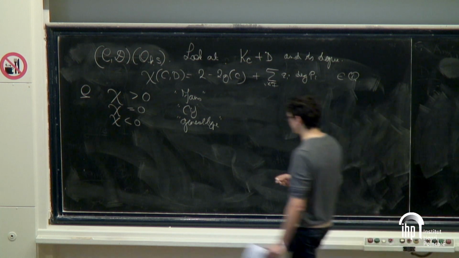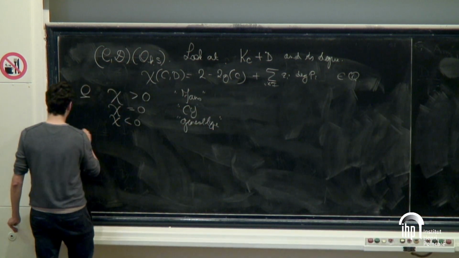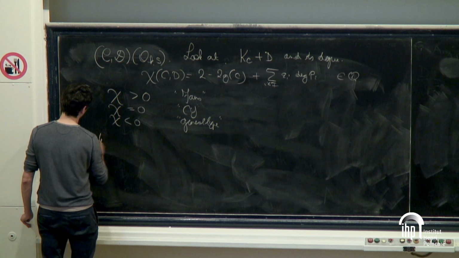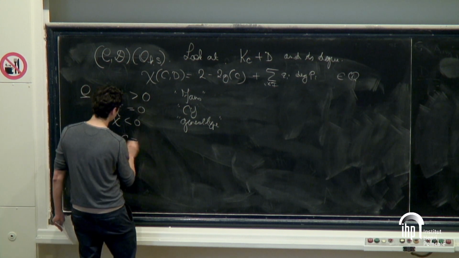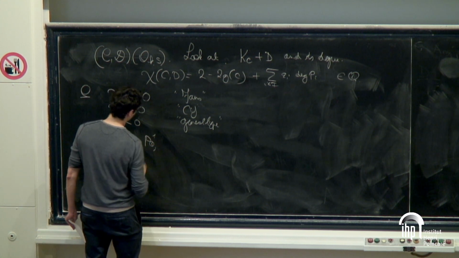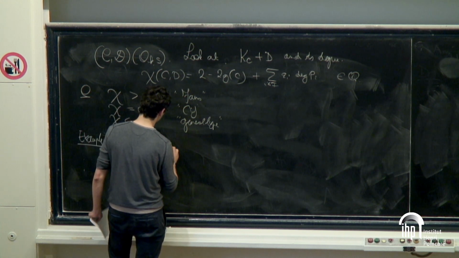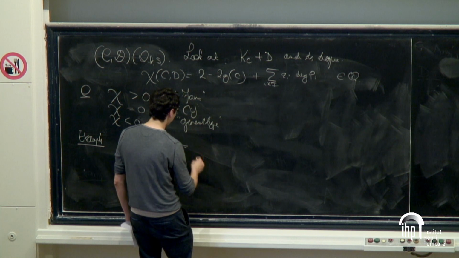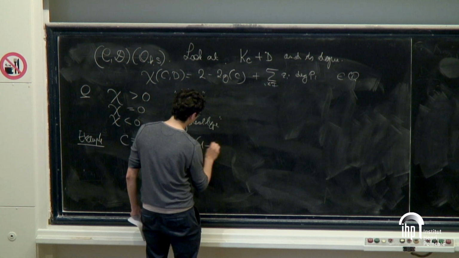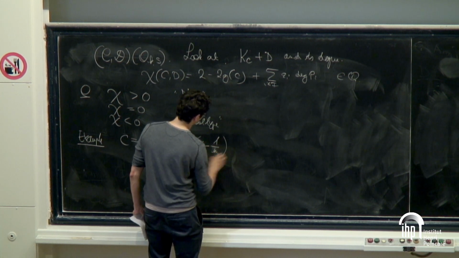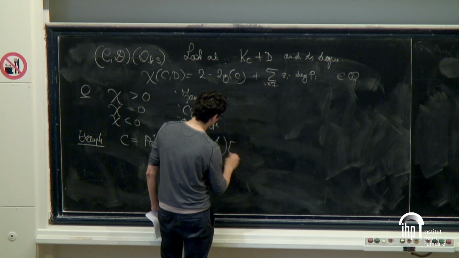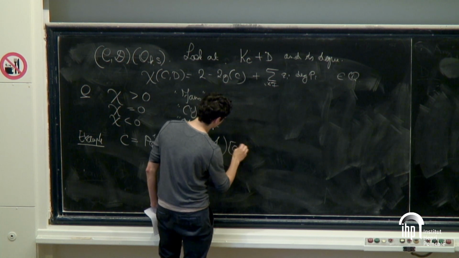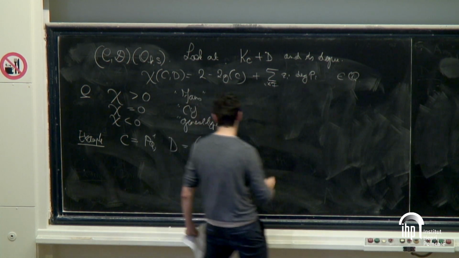So maybe it's good to look at an instructive example. Let's take C to be the projective line. Let's take D to be a divisor supported at 0, 1, and infinity. So I let D be equal to 1 minus 1 over m_0 times the prime divisor 0.